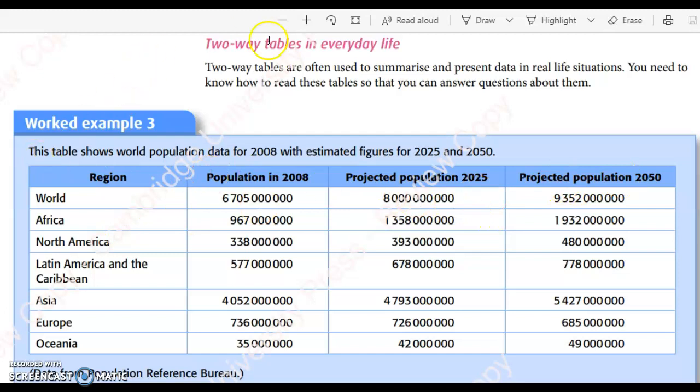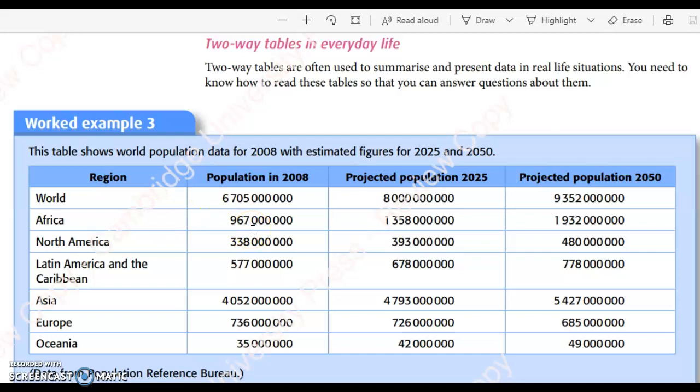Now in here, the two-way table in everyday life. The example is the population data for 2008 and estimated figures for 2025 and 2050.